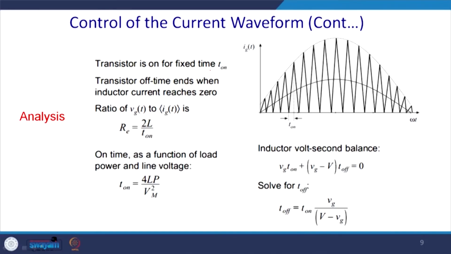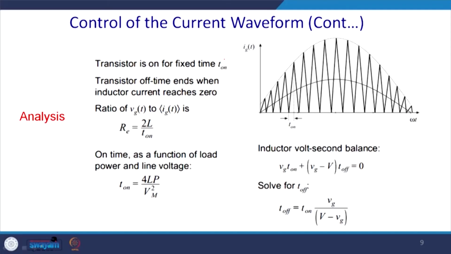The transistor is on for a fixed time T on; generally it is a constant T on operation. And the transistor is off when the inductor current reaches 0. So, you are always in critical conduction mode. So, the ratio of Vg to Ig is equal to 2L by T on, as a function of the load, because you have to ramp up, and thus we can calculate the value of the inductor by the inductor volt-second balance method.